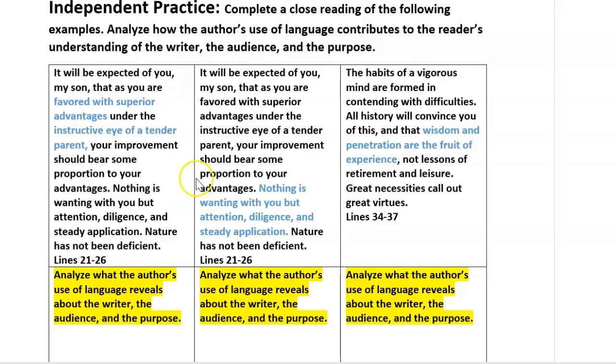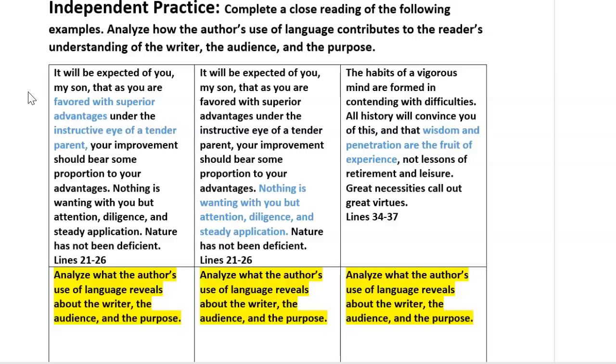What I would like you to do right now is pause the video and attempt number 1 on your own. Number 1 is this first square here. I'm going to read it to you, and then you are going to try to identify what this reveals about the writer, the audience, and the purpose.